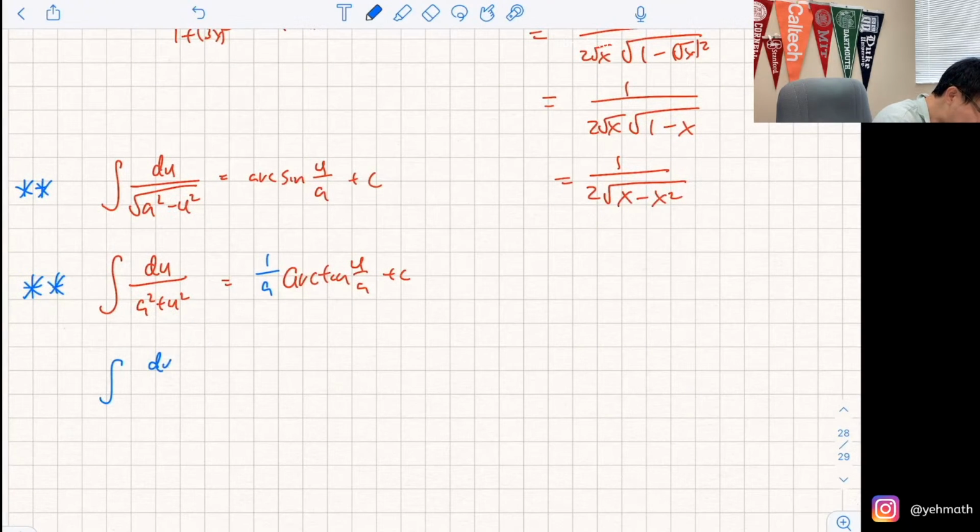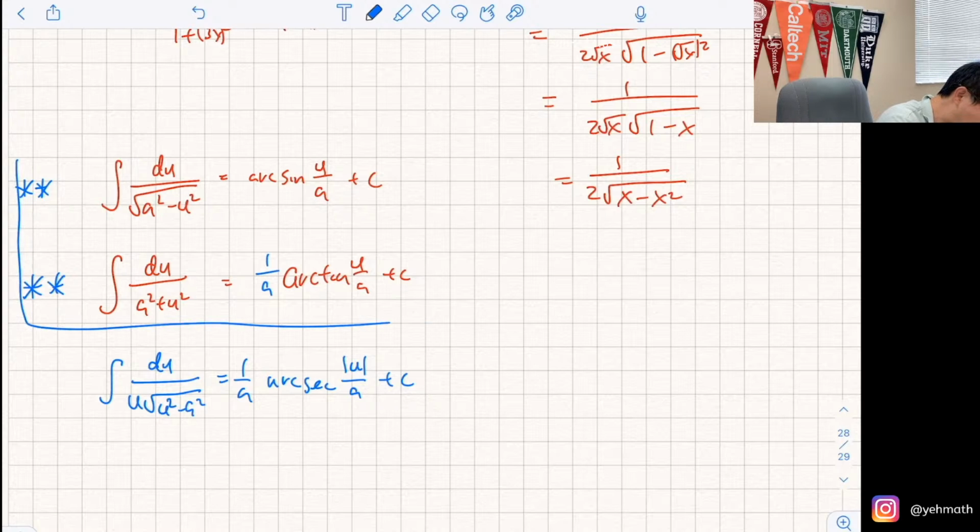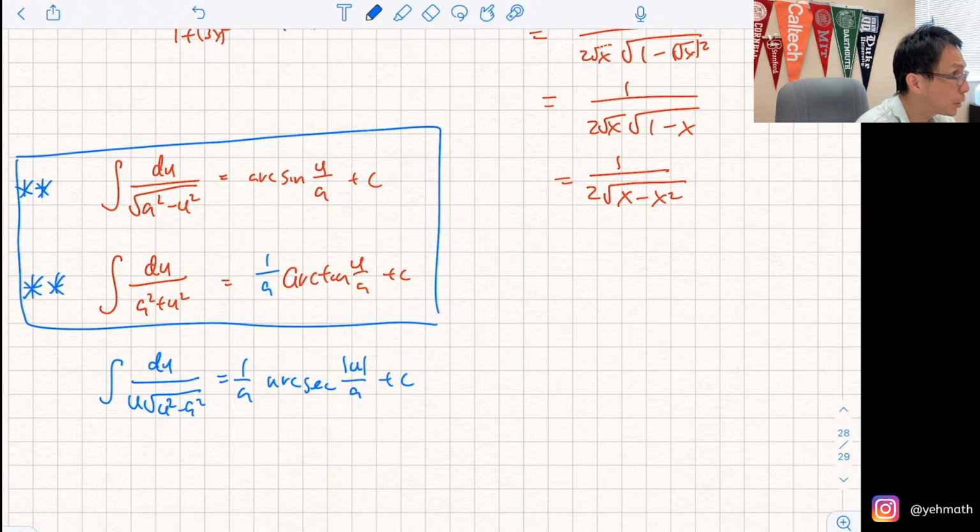The last one is du over u square root of u squared minus a squared, equal to 1 over a arc secant of the absolute value of u over a plus c. This one you don't need. Just memorize those 2. So total formulas you have to memorize today: 4. 2 for derivative, 2 for integration. And if you understand the 4, now you just have to use them.